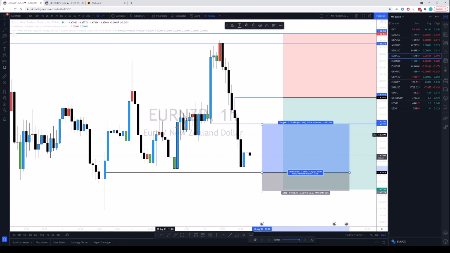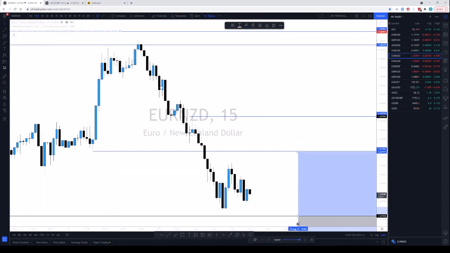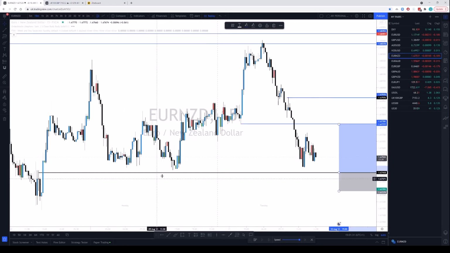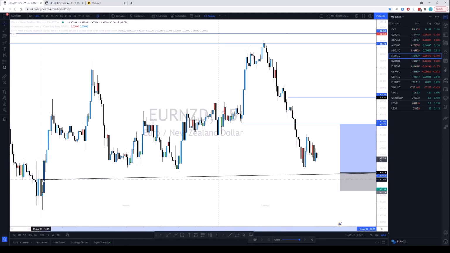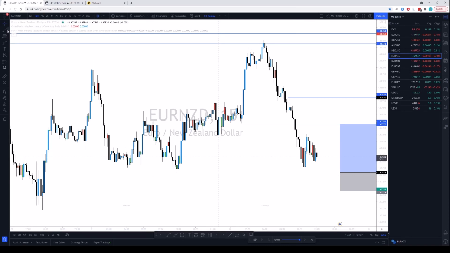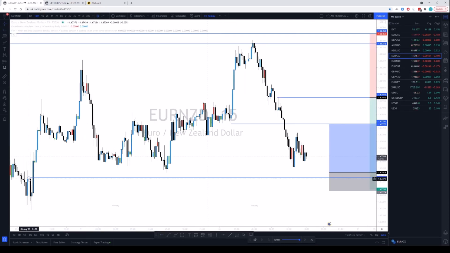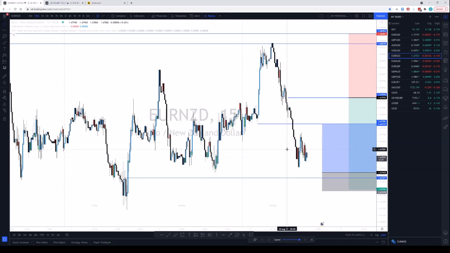I'm anticipating something like that to happen, where they will take out that low and then push up. Okay, so I'm watching Euro New Zealand for that. So I'm watching this level here. That's the level I'm watching. Okay, so you can watch that.